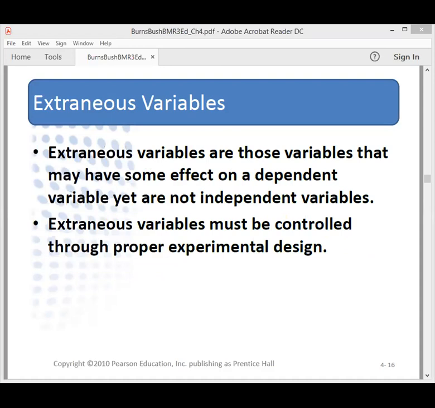And extraneous variables are those that have some effect on the dependent variable, but they're not something you can control. So an example of a variable in which you have a strong interest, but you cannot directly control, is your GPA. So what independent variables over which you can control can affect a change in your GPA?